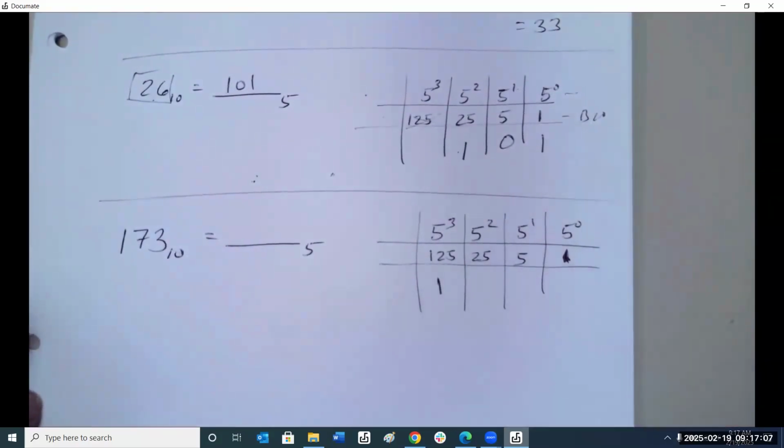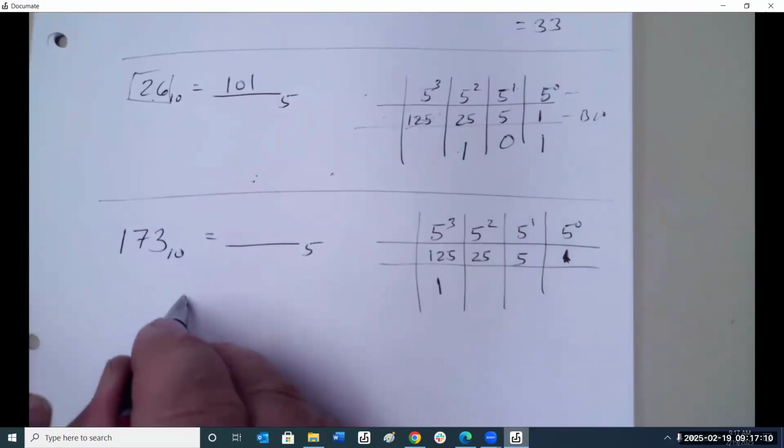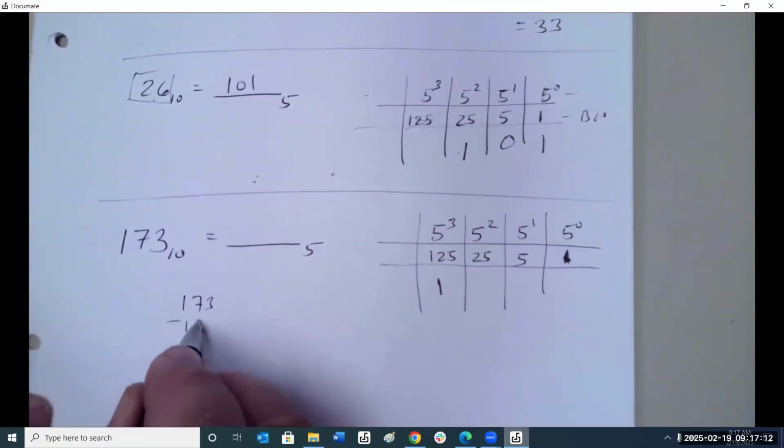So we can take away. So we have 173. We can take away 125.